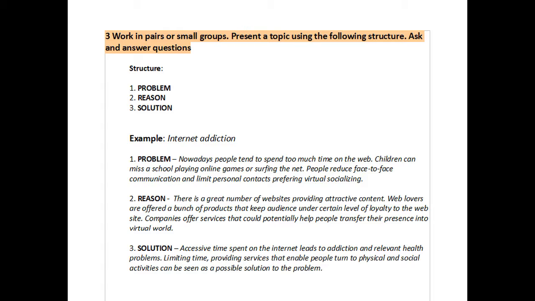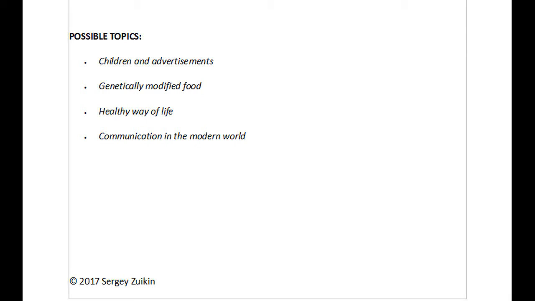Again, this exercise is designed for pairs or small groups and includes a broad discussion of topics. If necessary, more time can be allowed for this activity. High-level students are encouraged to generate new topics in addition to those suggested in the exercise.